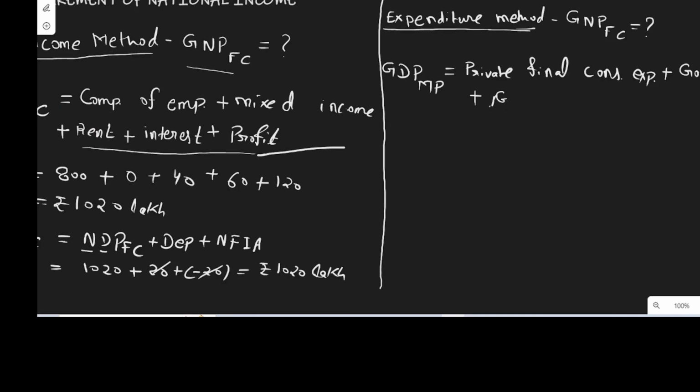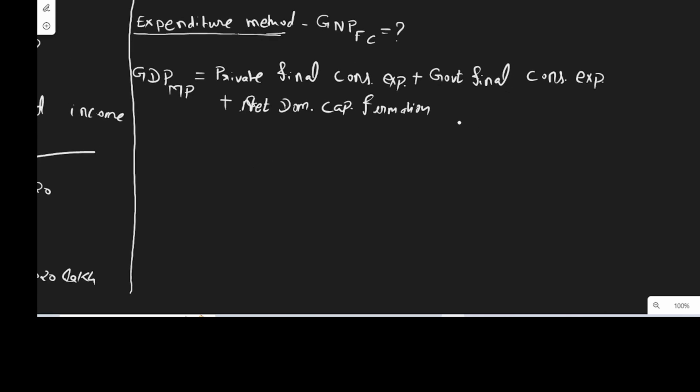Because I'm not given gross domestic, I'll write net domestic capital formation plus consumption of fixed capital or depreciation. Now this together makes gross domestic capital formation.